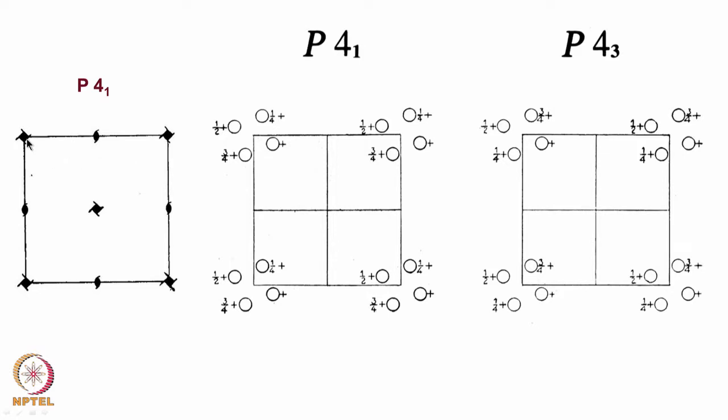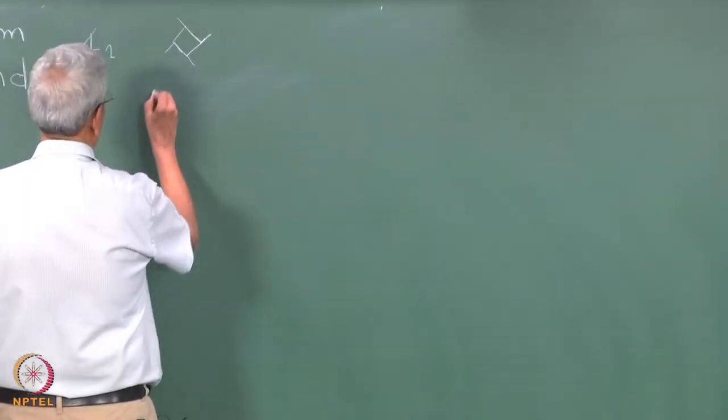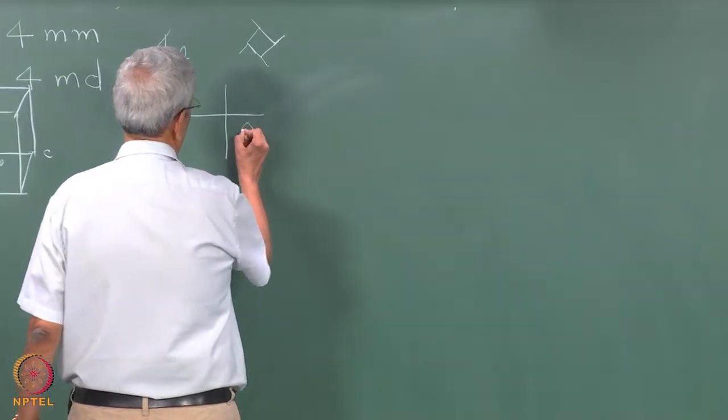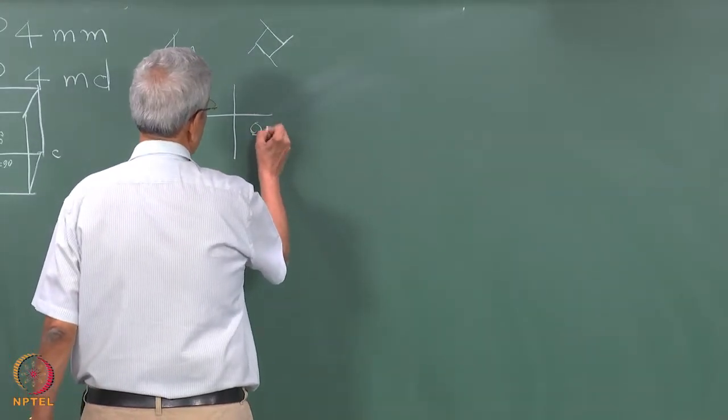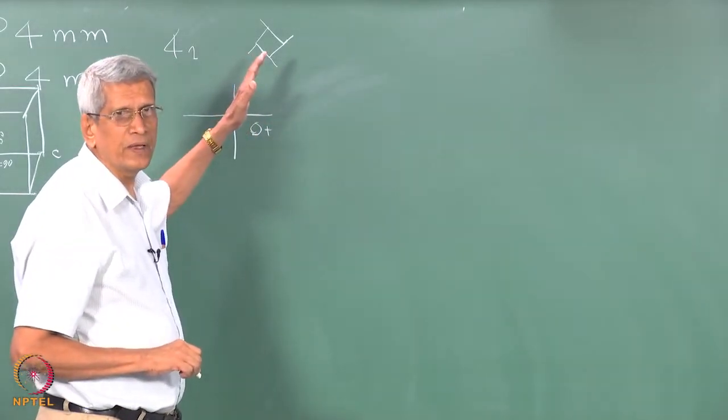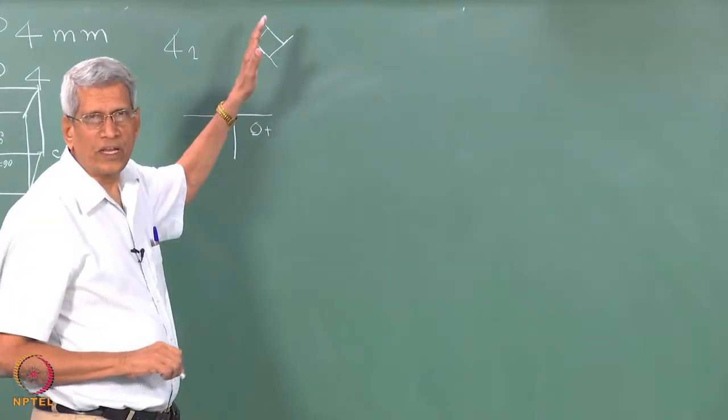These are all the symmetry elements which are associated with it, that is, when a 4-fold symmetry is going to be there around each lattice point. If we put a motif at a general point here, when we rotate it by 90 degree, it should be lifted by 1/4, correct?